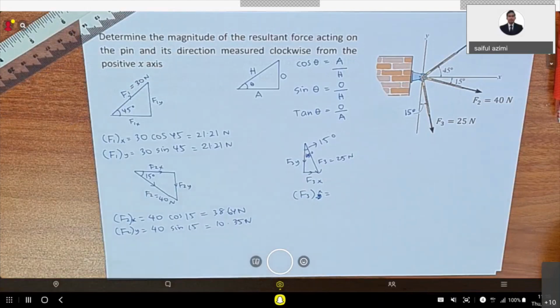Are you sure? Not sure. So here F3x represents what?